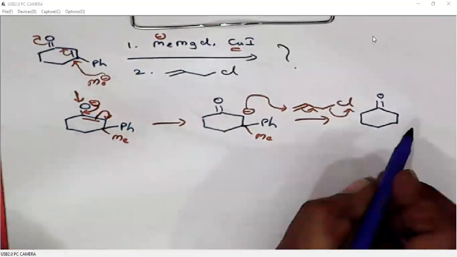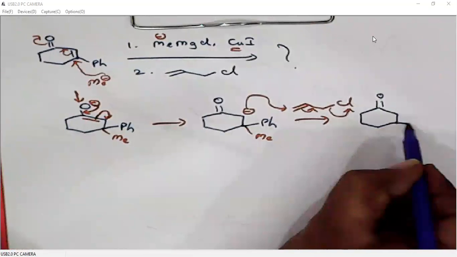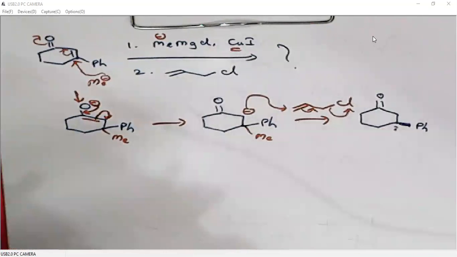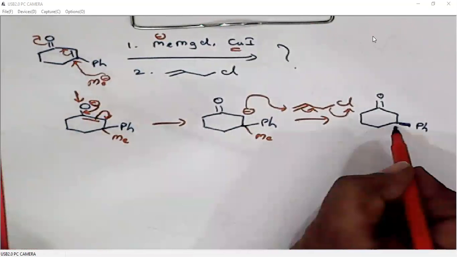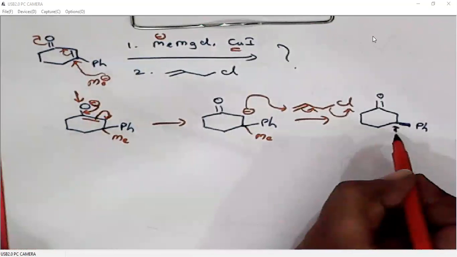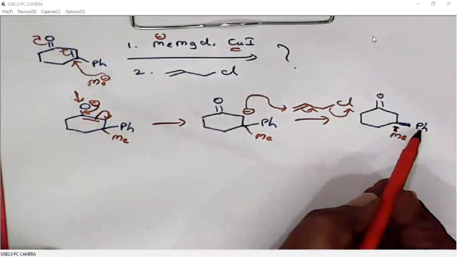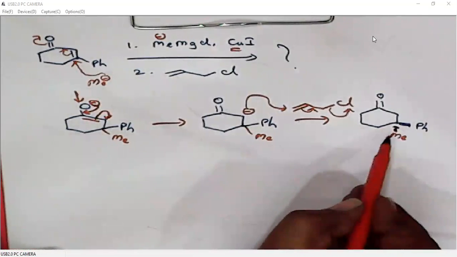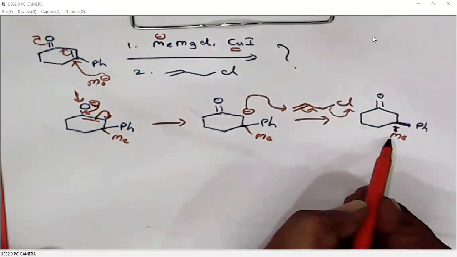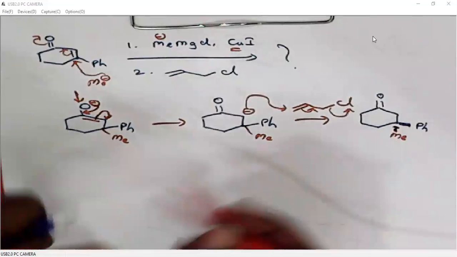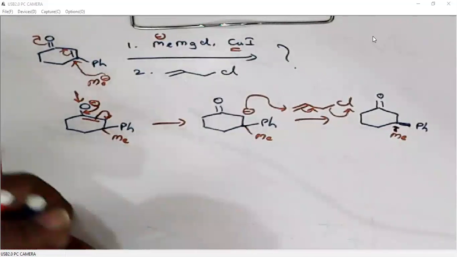Now, when we want to look at the stereochemistry, the allyl group must approach from the side of the small group. The bulky group will generate more steric crowding compared to the small group. So, the allyl group will approach this molecule from the side of the small group.